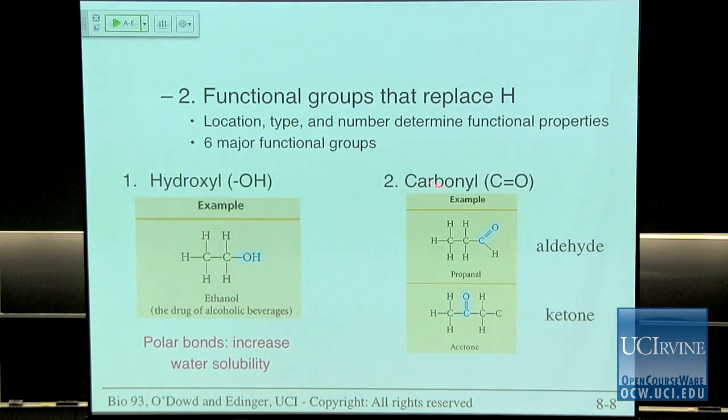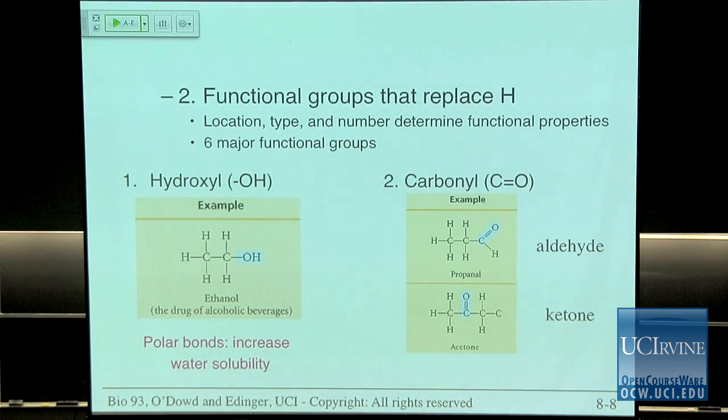The second group is called the carbonyl group. It's a carbon with a double bond to an oxygen. If it's at the end of the molecule, then it is called an aldehyde, and if it's in the middle, it's called a ketone. And this, again, confers very different functional properties on these molecules.